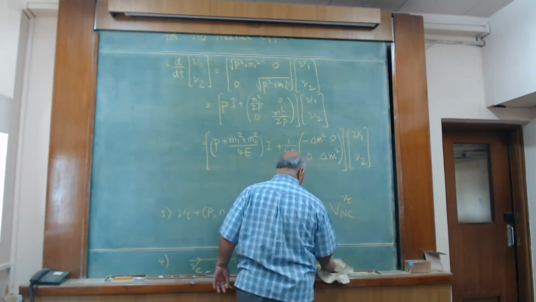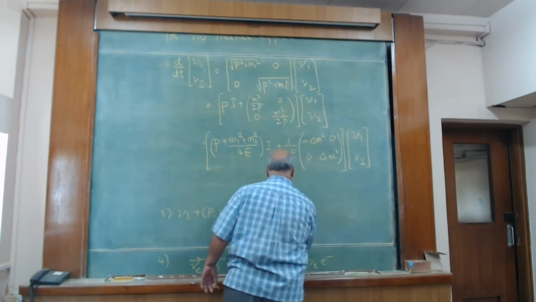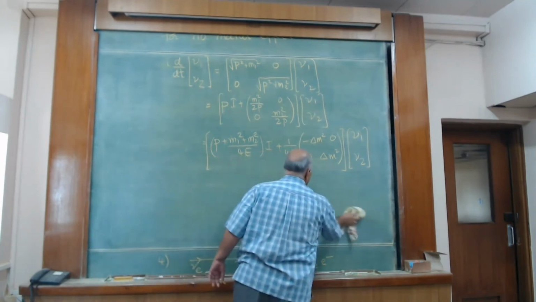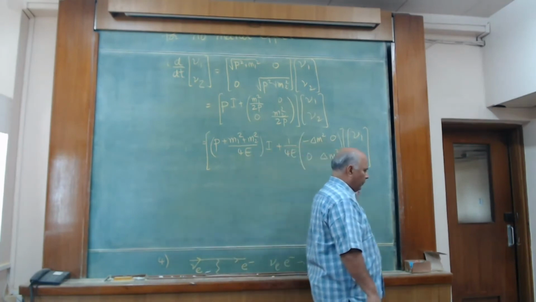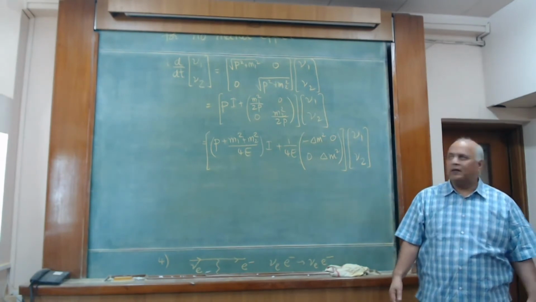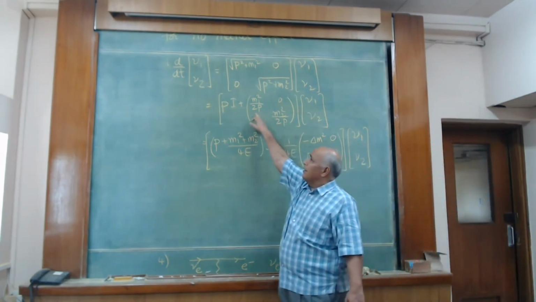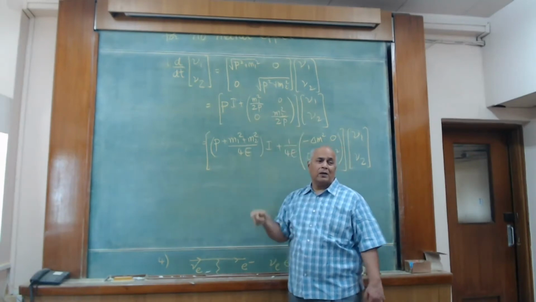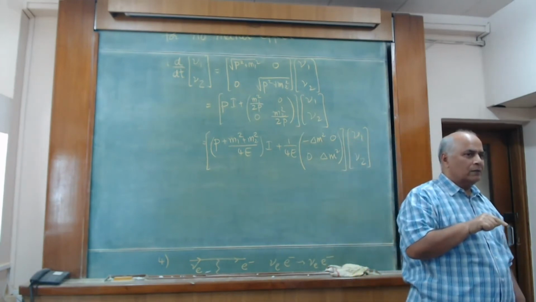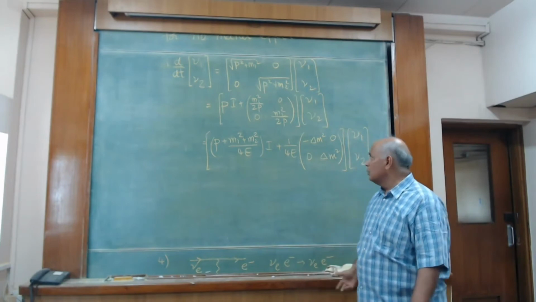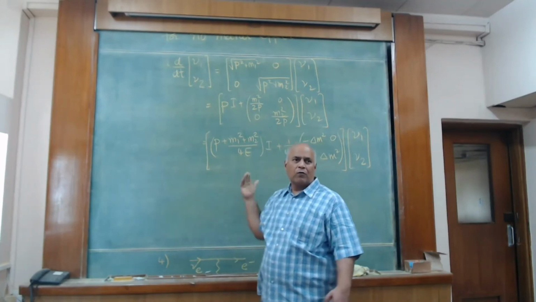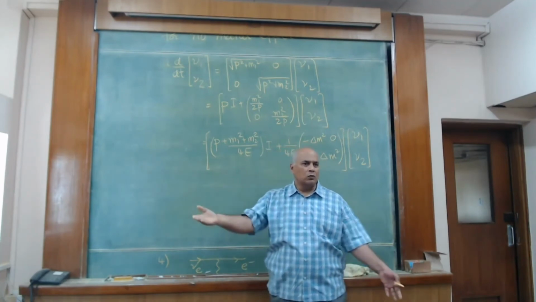And now comes a key point in introducing matter effects. We saw that matter effects come as a potential in addition to this term, but that potential is diagonal in the flavor basis. So what I should do is to transform this evolution equation from mass eigenbasis to flavor eigenbasis.